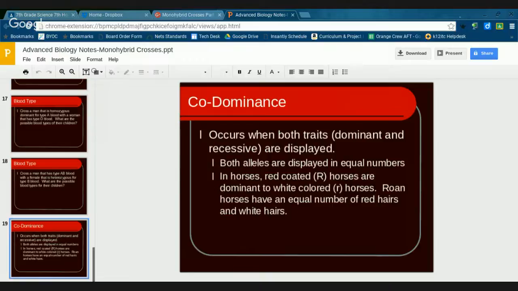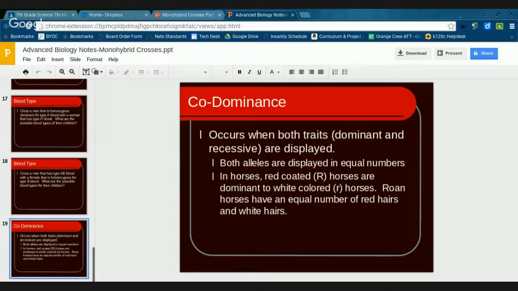That one's kind of a strange one, but it probably makes more sense in this situation. There's a coat color in horses. It's called roan colored, and so it's kind of a brown color. What happens is red-coated horses pass on their red-coated gene, and that matches up with the white-colored horsehair.